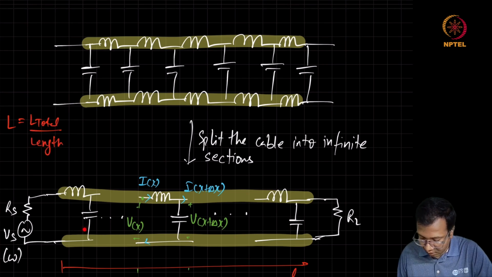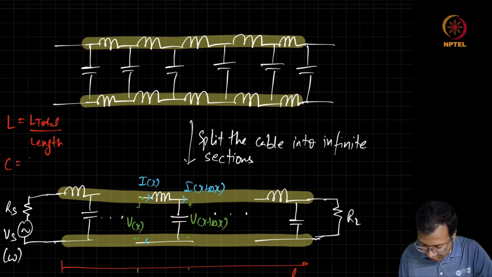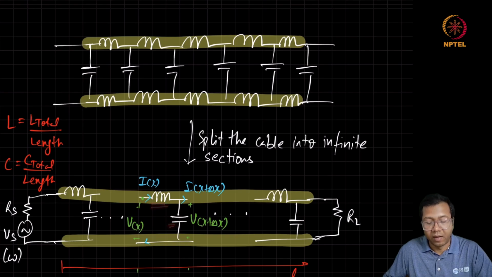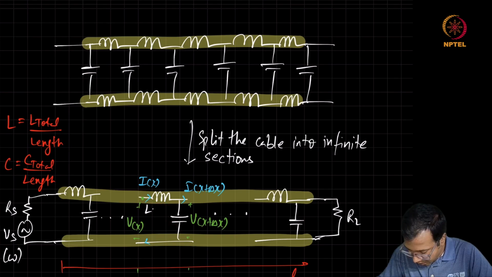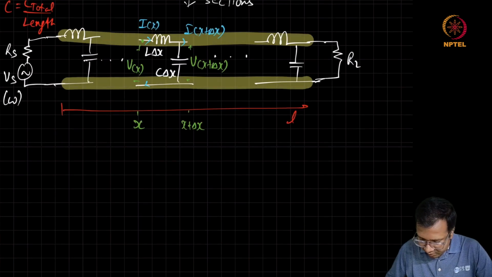Similarly, we can find the total capacitance of the cable and divide by the length, which will give us this term C. Once we have this normalized inductance and capacitance, we can find the value of L and C in each section as L times delta x and C times delta x. Now here we can use simple KCL and KVL to find the relationship between various voltages and currents.